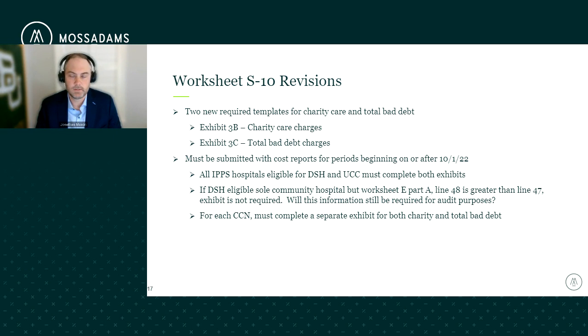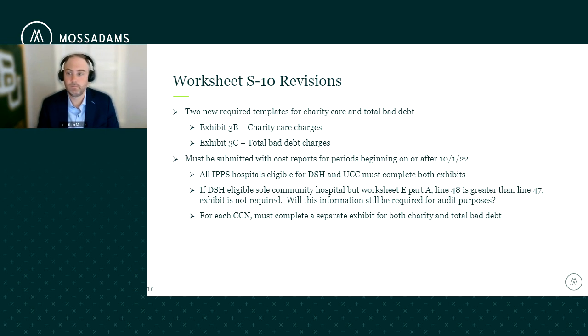All DSH eligible hospitals would be required to complete these exhibits. The only exception is those sole community hospitals. The one thing I'll mention with the sole community hospitals, though, that have HSP payments greater than their federal rate, is that right now they're still required to be audited every year. So while you may not have to fill out this template at the time of cost report filing, to my knowledge, you still may be audited.